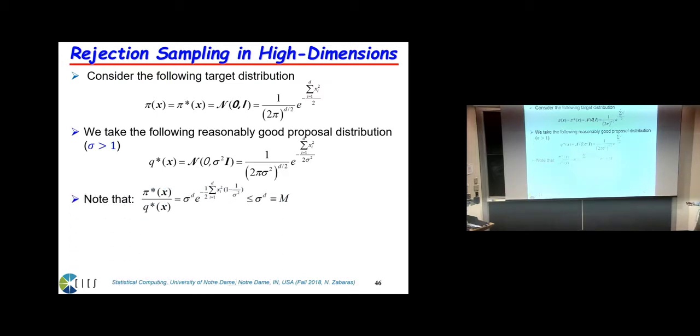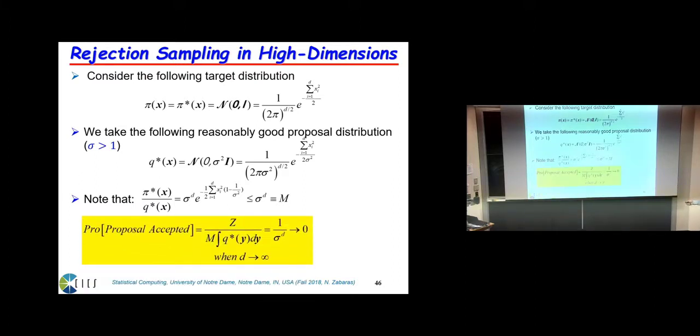So I'm going to take the ratio pi star over q star, and you can show that this is less than 1, that exponential. So really this is bounded by sigma to the power d, right? That's our constant m, okay? Straightforward, there's nothing there, right? Everything cancels out and you get sigma to the power d, and the two exponentials combined give you less than 1. So the constant is sigma to the power d.